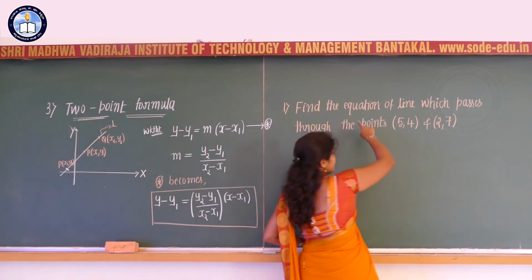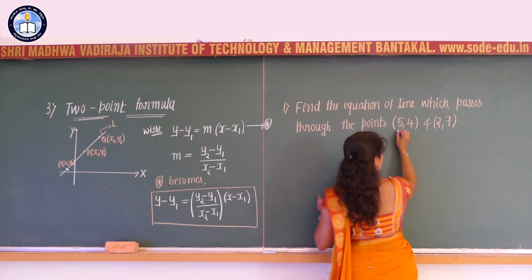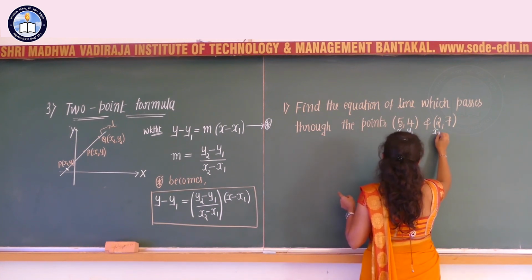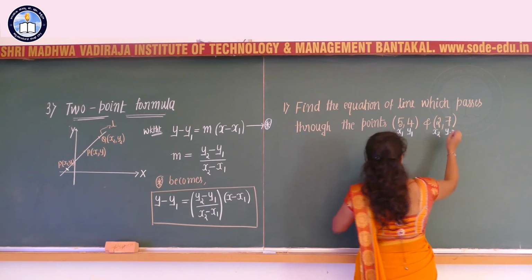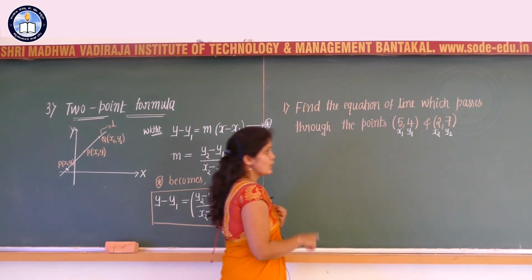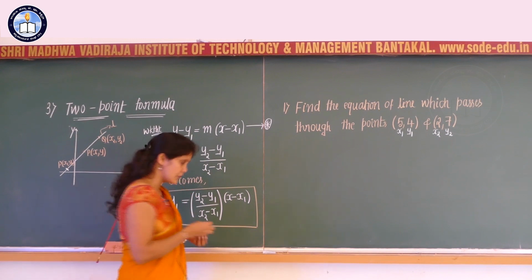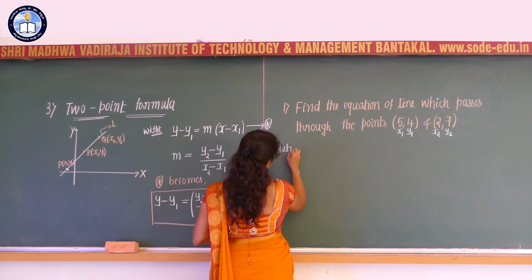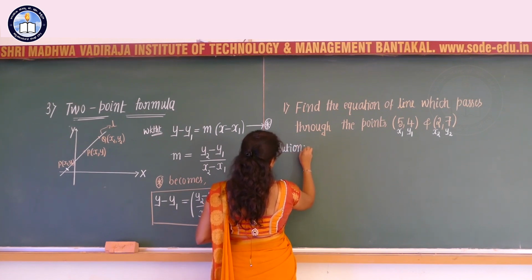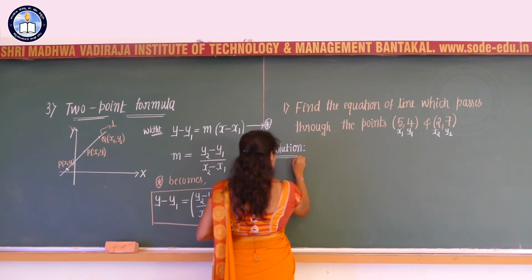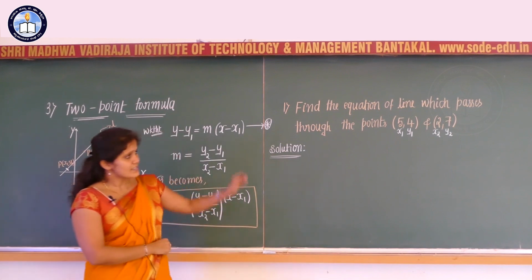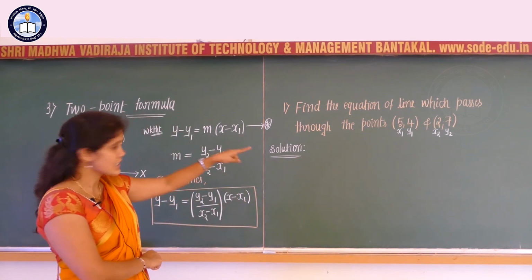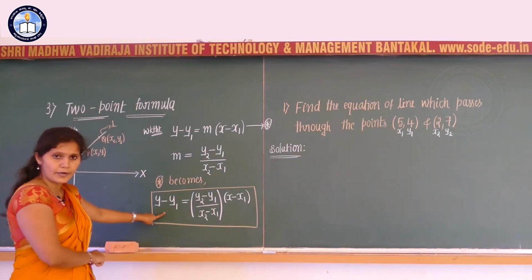So here we know the equation of the line that passes through 2 points x1, y1 and x2, y2. Clear? How to write the solution? Solution for the problem: the required equation of the line. Since it is given that the line passes through 2 points, we can consider this 2-point formula.